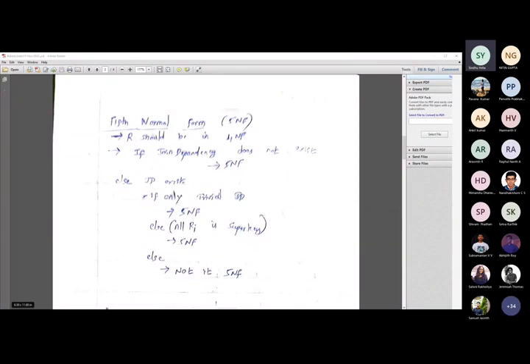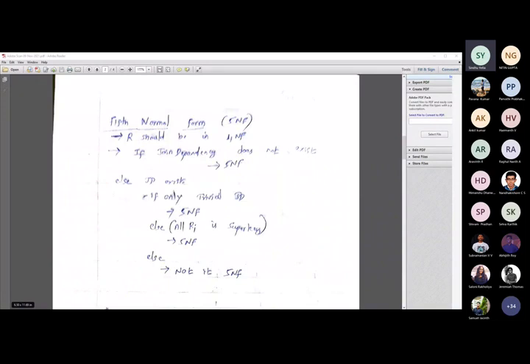So this is about working with advanced normal forms, 4NF and 5NF, right? So for a relation to be in 4NF, it should meet the requirements of third normal form and Boyce-Codd normal form, and there should not be any multi-valued dependency among the attributes in a relation. We say that it meets the requirements of 4NF.